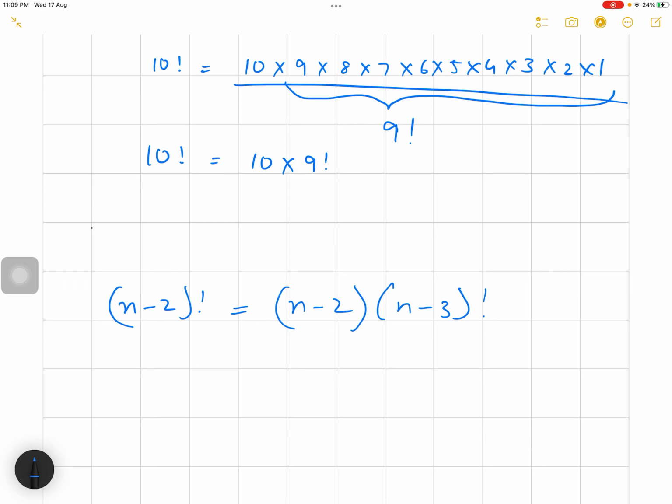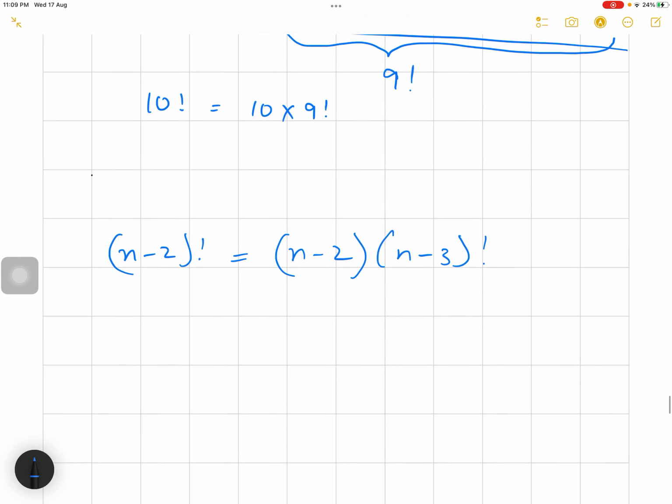Now, n minus 2 factorial I have written. I'll give n one value. Suppose n is equal to 8. Then n minus 2 will be 6.